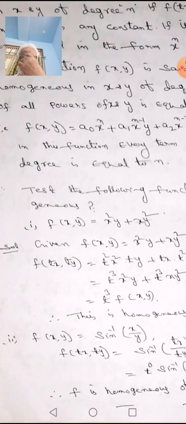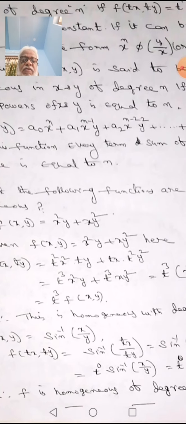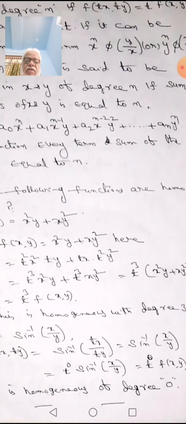First, the given function is f of x, y, and we find f of tx, ty. f of tx, ty is equal to sin inverse of tx by ty, which is equal to sin inverse, if you cancel t, x by y.